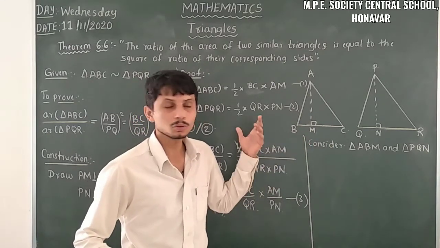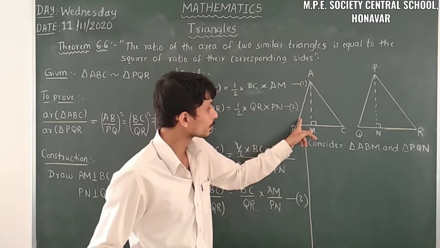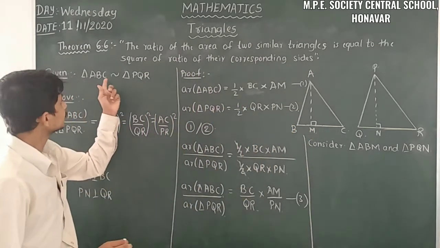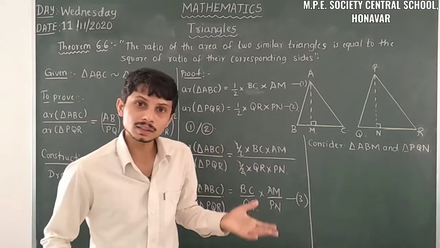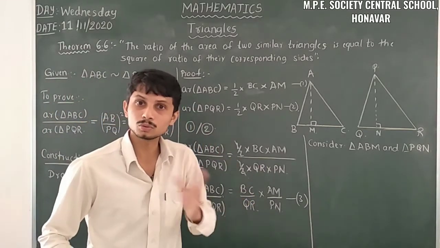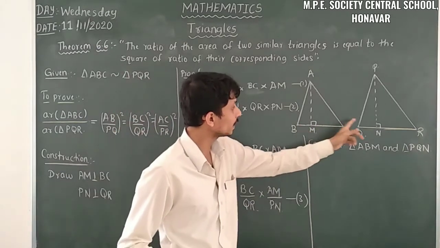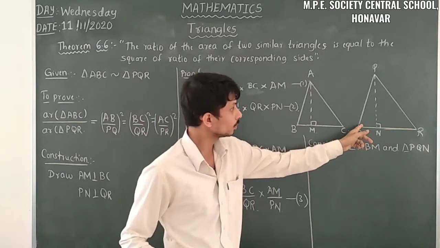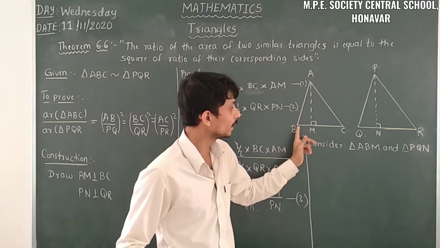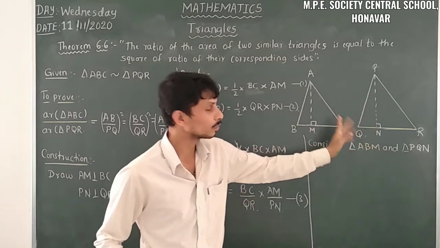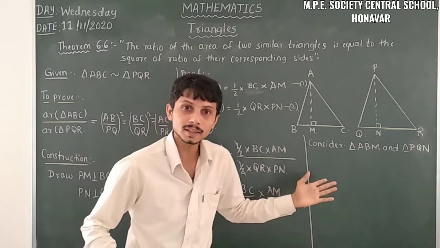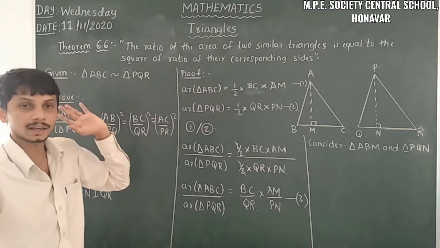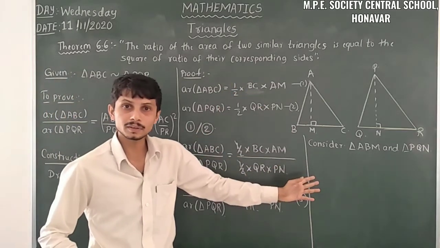Just observe, we know that triangle ABC is similar to triangle PQR. So in that, the corresponding parts are equal. Just observe angle B and angle Q. It is a part of triangle ABM and triangle PQN. So those are corresponding parts of those two triangles, as well as triangles ABC and PQR. So that equality we can take here.